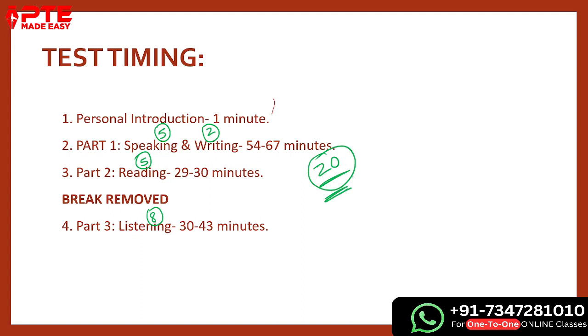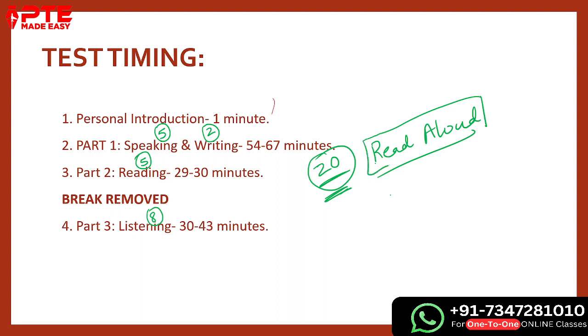Out of these 20, most of the tasks are integrated tasks. What is an integrated task? An integrated task is a task in which you get scores for 2 modules rather than for only 1 module. For example, you have the read aloud task in the speaking module.